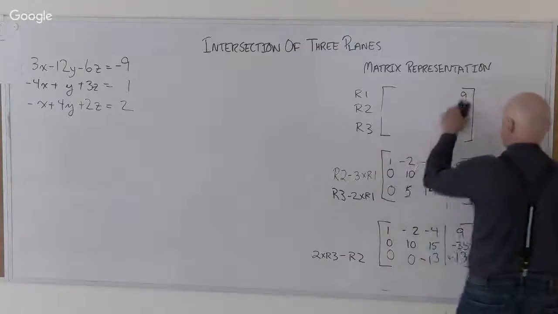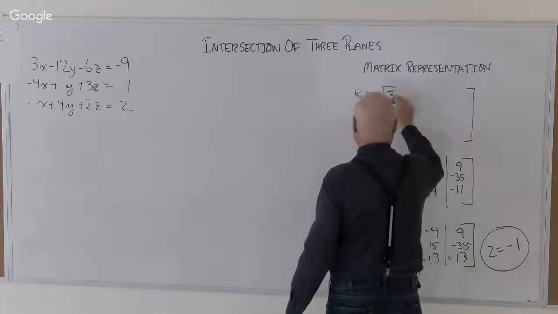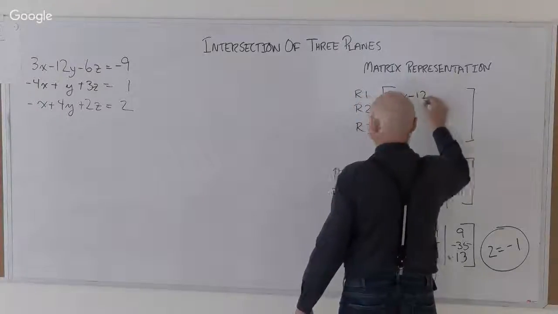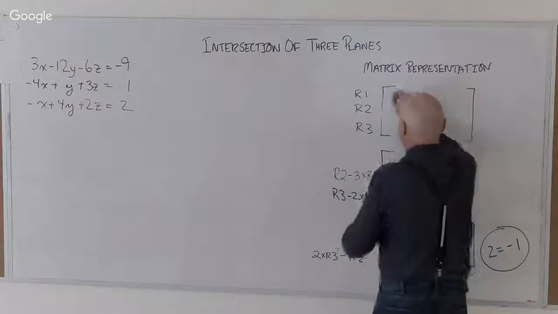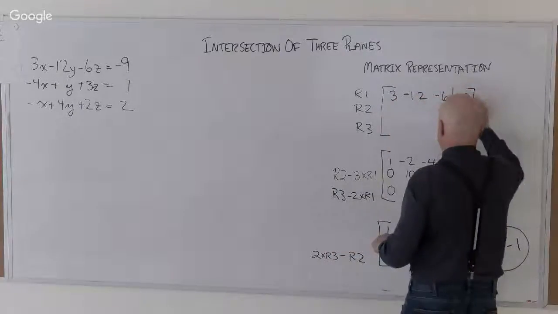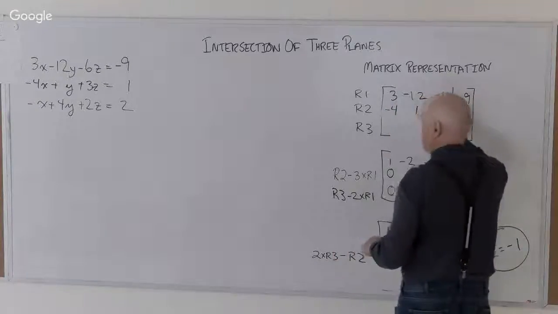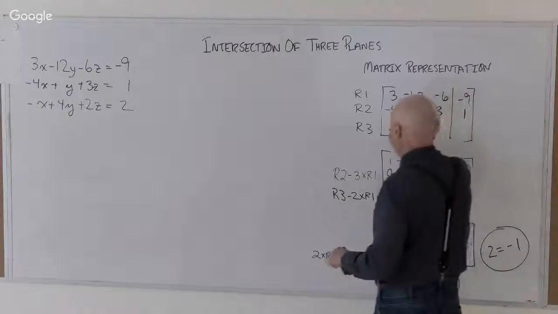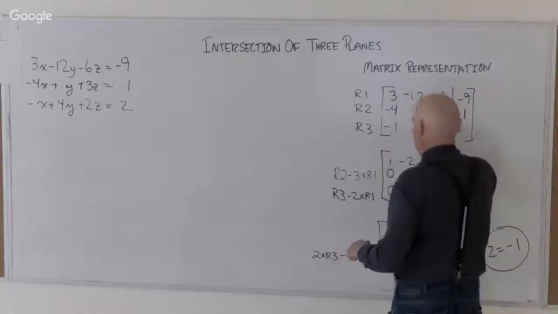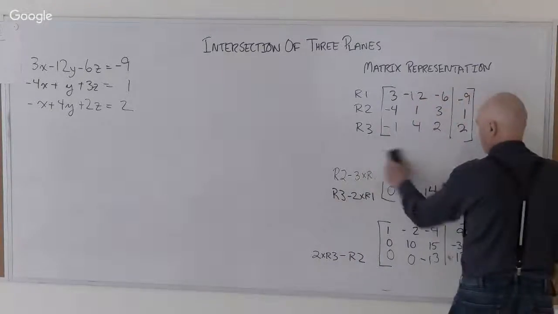Let's put it into a matrix. Oh, let's decide what we want to do. Do we want to do this using the matrix? So 3x minus 12y. So 3, negative 12, negative 6, negative 9, negative 4, 1, 3, 1, negative 1, 4, 2, 2. There it is. Matrix form right there.